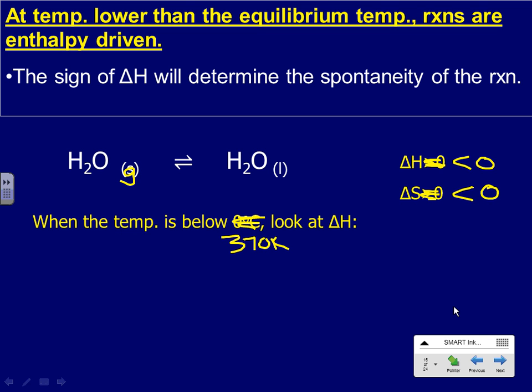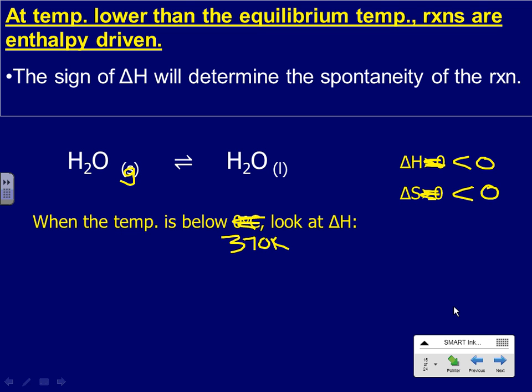From the reaction we did yesterday, and I had to change this because I was having it going from solid to a liquid, and that changes the sign of everything, but it's not a big deal. But our delta H was less than 0, it was negative, and our delta S was less than 0 as well, it was negative. At temperatures below the equilibrium temperature, we're looking at delta H. Is a negative delta H supported by the universe?